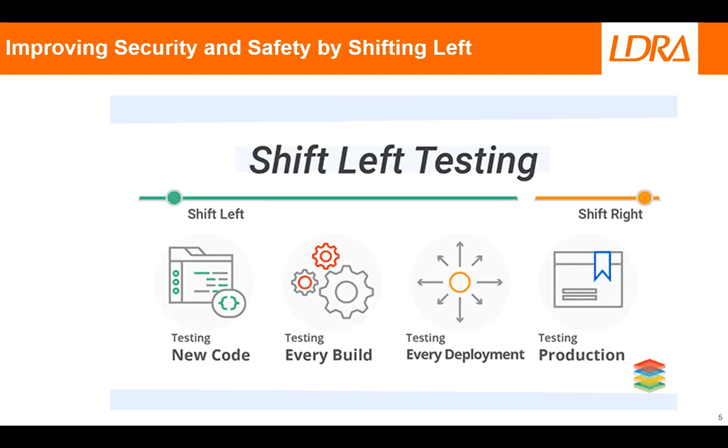Enabling software developers to do more testing during development, rather than leaving most of the testing to be done during integration and test, is the purpose of shift left testing.